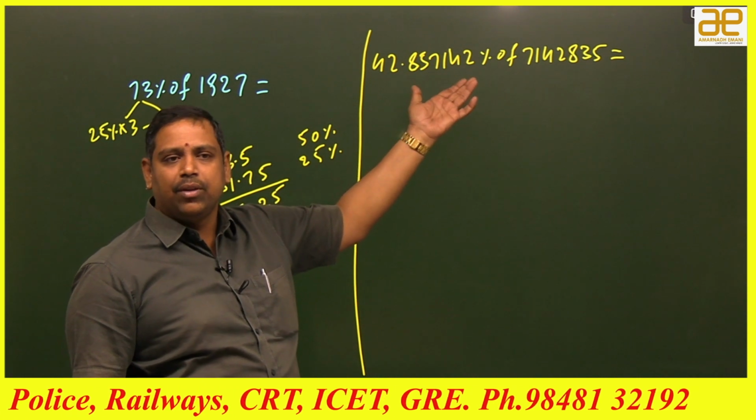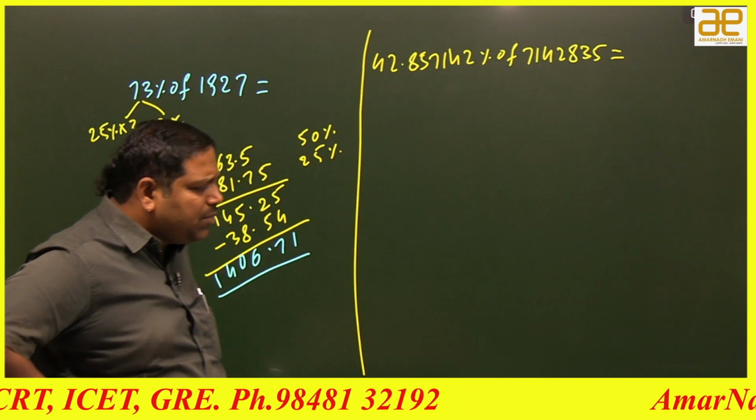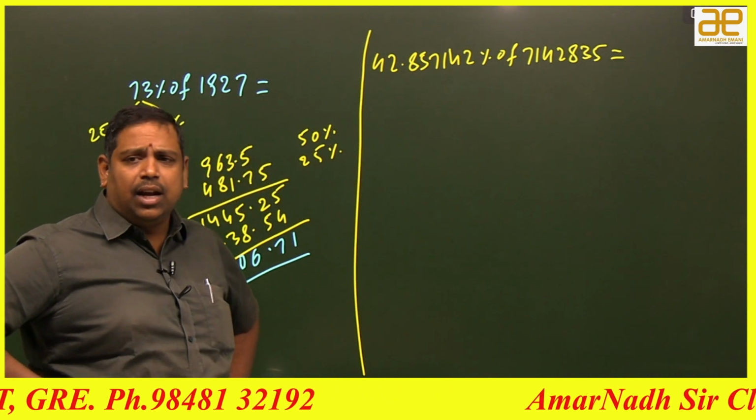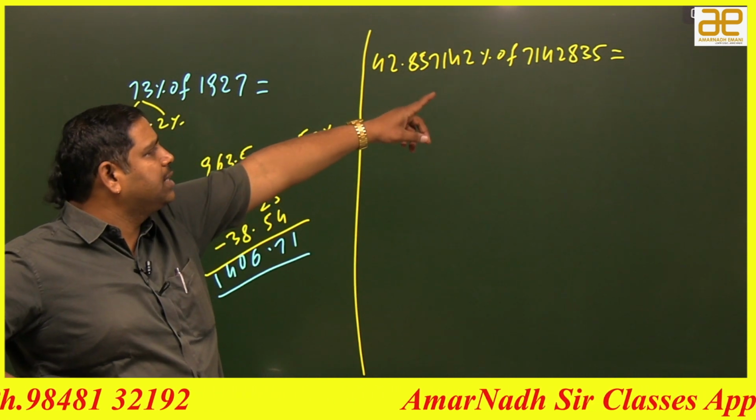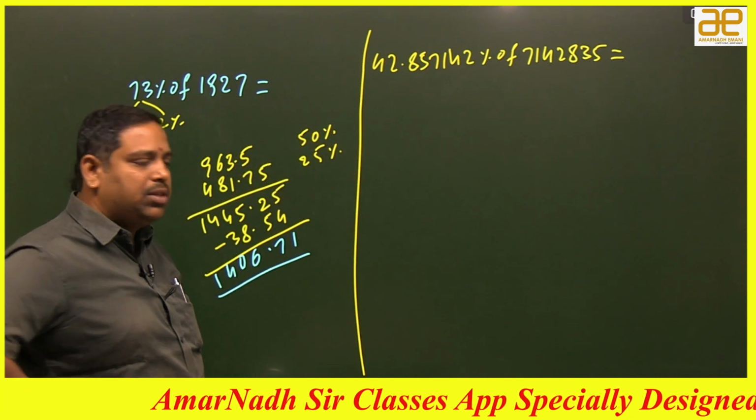But actually you feel it is that difficult because there are no zeros. All are decimals, right? But those who know the question very well, suppose I know the question very well, I'll give the answer as 3061215.